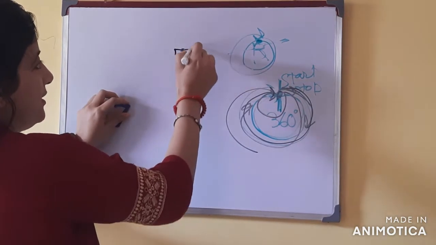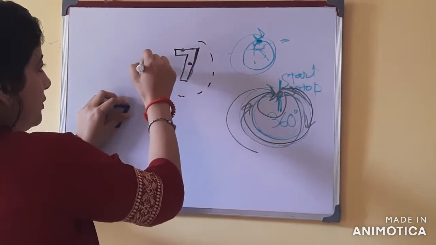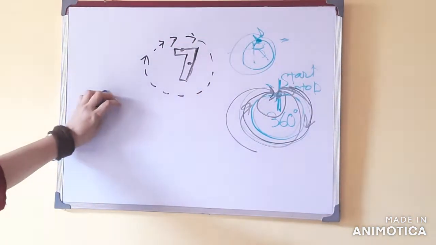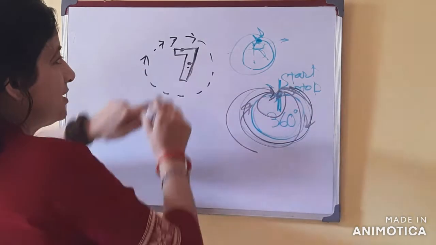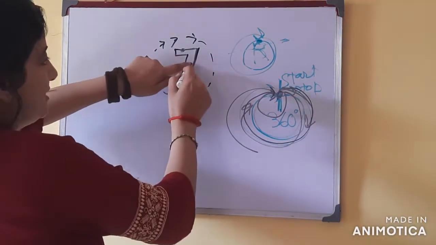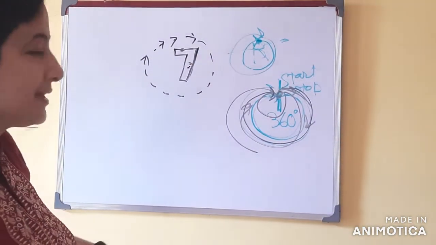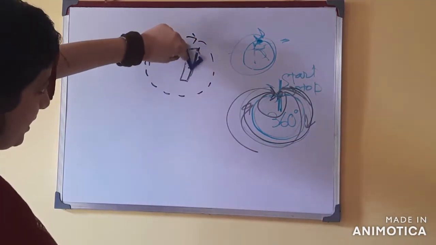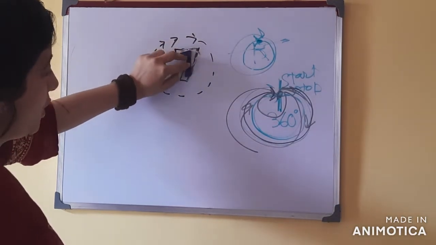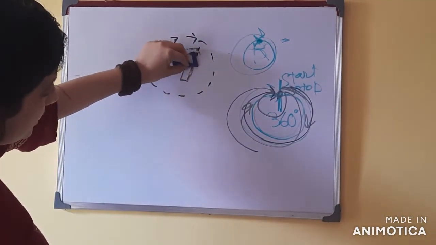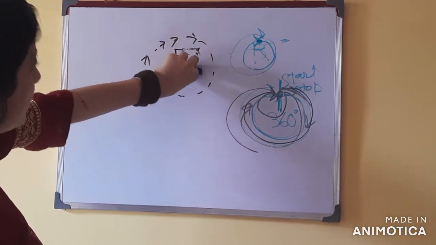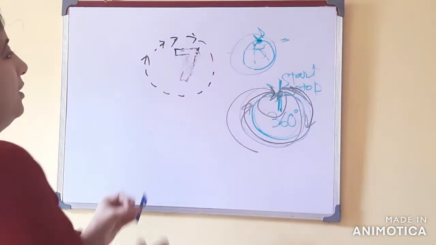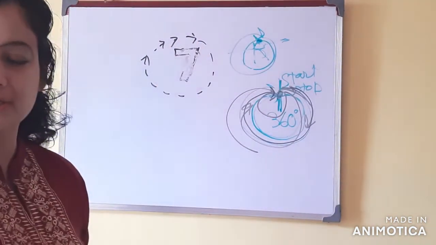Now clearly, when I rotate it with respect to this point, here was the 7, and now I am rotating. So see, it is not a partial turn, but it is again the same when it goes one full rotation.